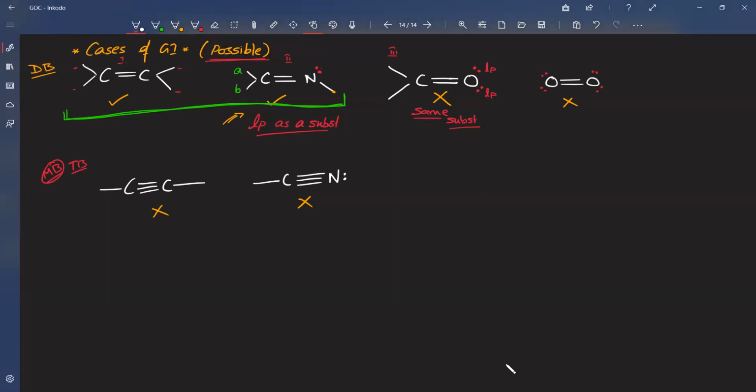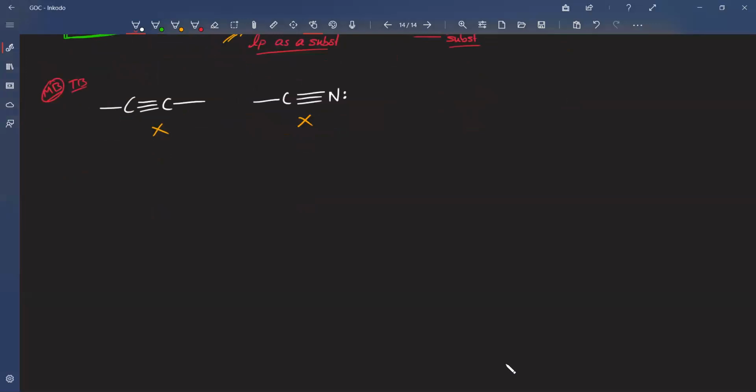So in case of ring structures also, you can decide whether there will be geometrical isomerism or not based on similar conditions. Suppose here there are n number of carbons. It's not like there is only a four-carbon ring.